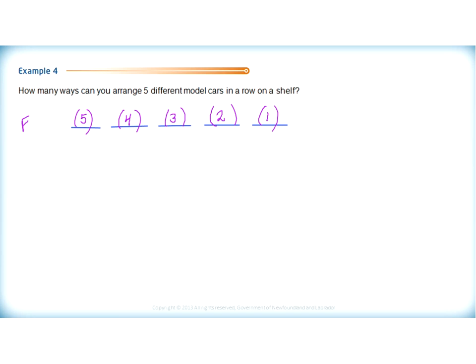So again, we are using the fundamental counting principle as a shortcut way of determining the different ways possible. 5 times 4 times 3 times 2 times 1 is equal to 5 factorial, and you can calculate 5 factorial to equal 120 different ways.